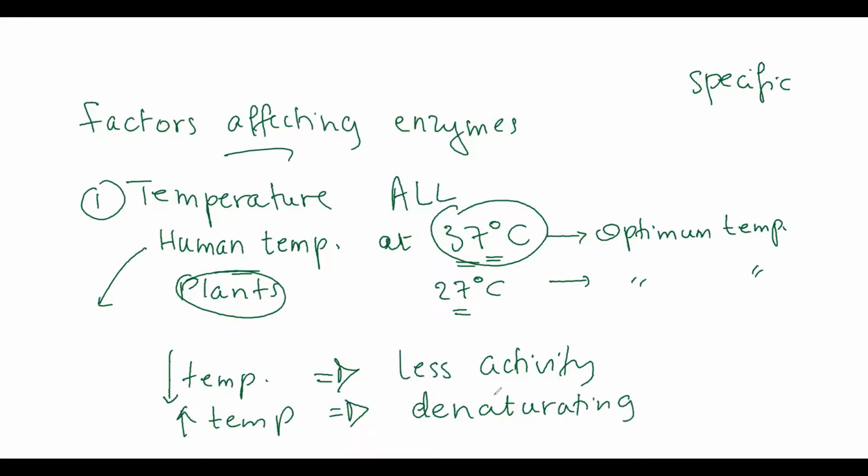Let's look at this word, nature. The nature of the enzyme. It means the enzyme loses its nature. What does this mean? Let us see something together. We know that enzymes are proteins, and we remember that proteins are formed of amino acids.